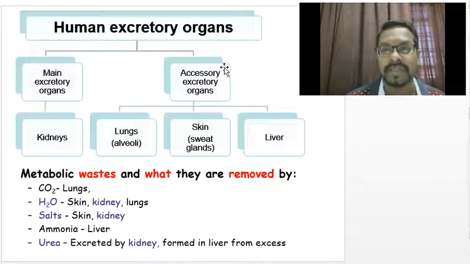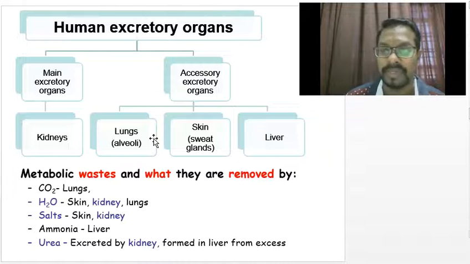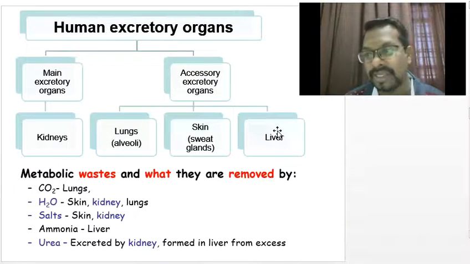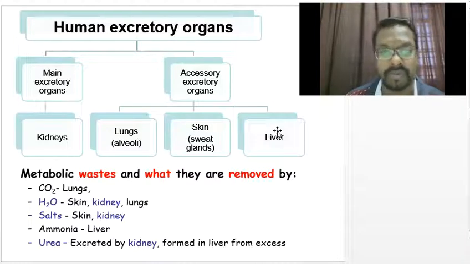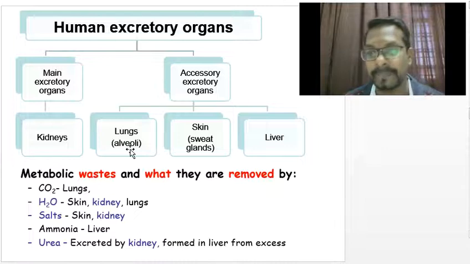And then we have accessory excretory organs to support our kidneys, which are our lungs, where gas exchange happens; skin, where evaporation happens; and liver, where hormones are produced. So you can see, lungs: respiration; skin: evaporation; liver: digestion and producing of hormones. This is the family of excretory organs.